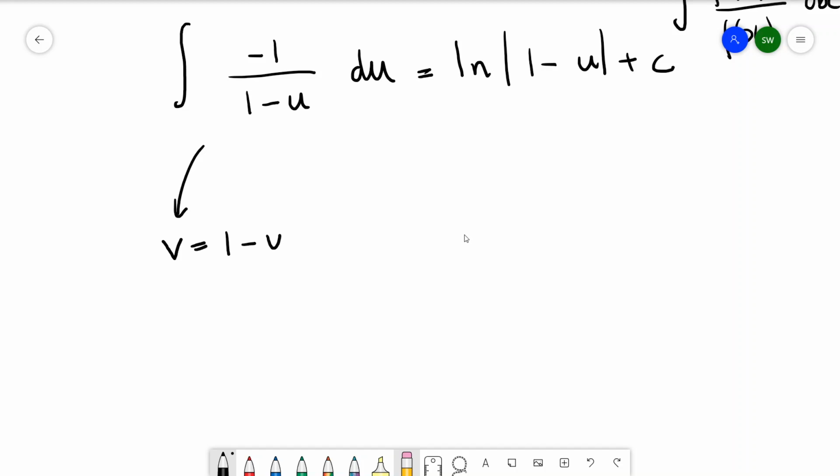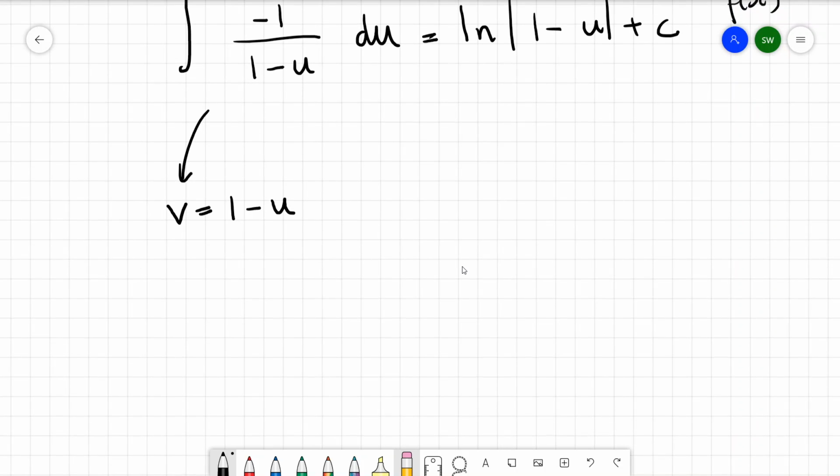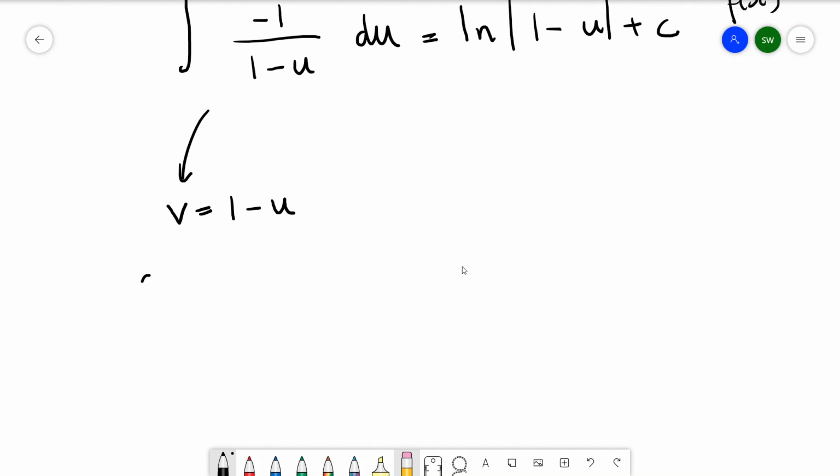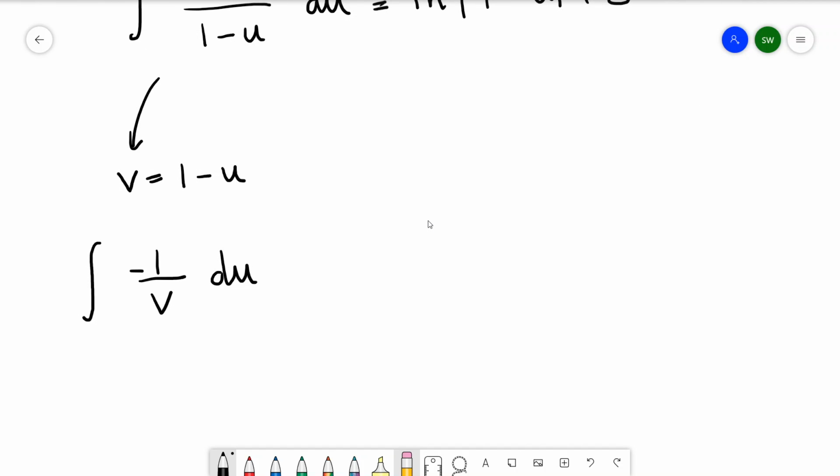So v equals 1 minus u. That helps us because then our integral would be minus 1 over v, which we know how to integrate. The only problem is we've got du on the end still, and we want a v integral now, so we want dv. So we're going to have to work out dv by du.